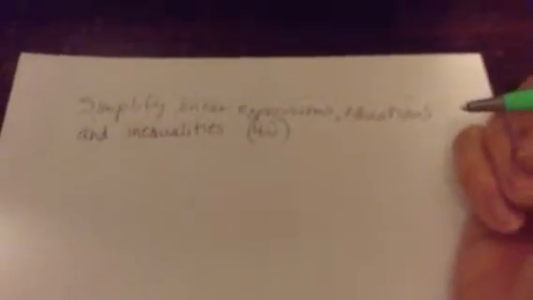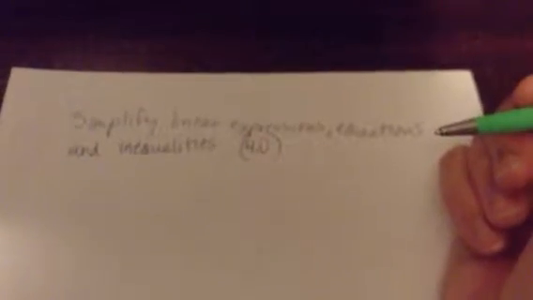And that was standard 4.0. Okay, we're pretty good at that, and we do that by using distributive property and combining like terms.